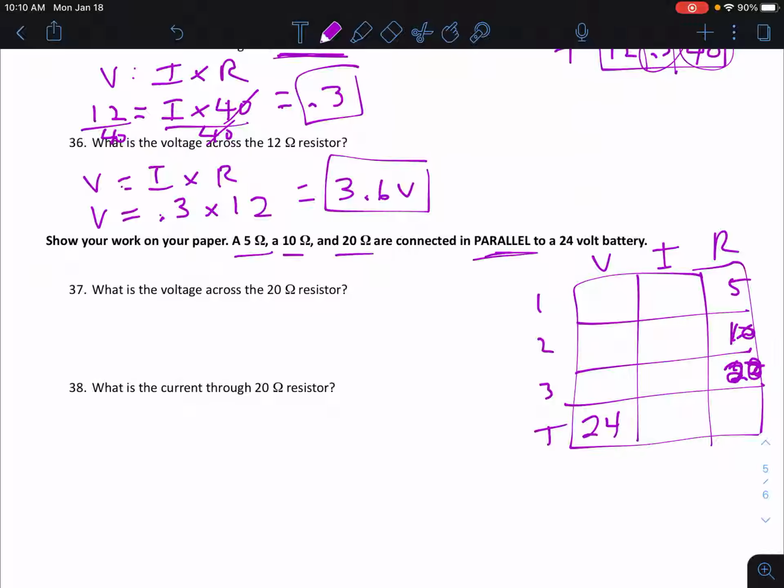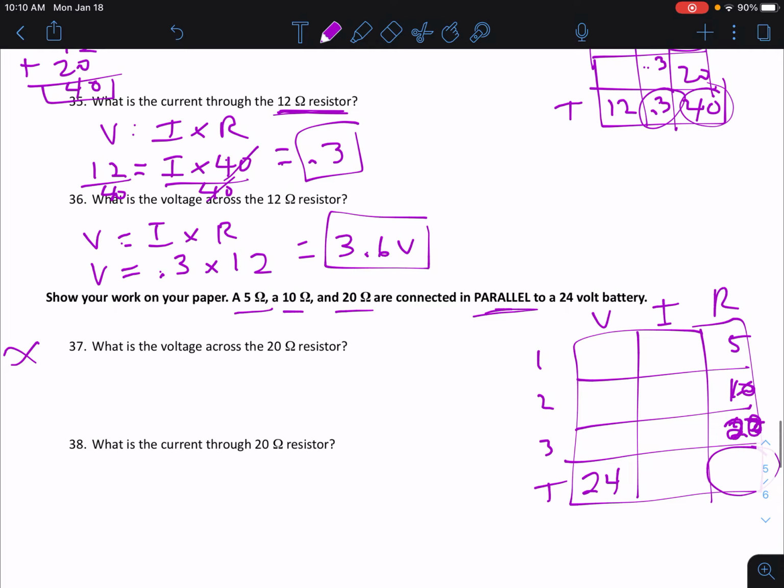Actually, I guess we don't, because in a parallel circuit, the voltage is the same everywhere. So we've got 24, 24, and 24 for our voltage here. It's asking, what is the voltage across the 20 ohm resistor? Well, it's going to be 24 volts.